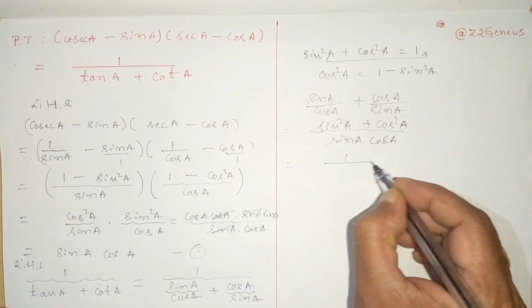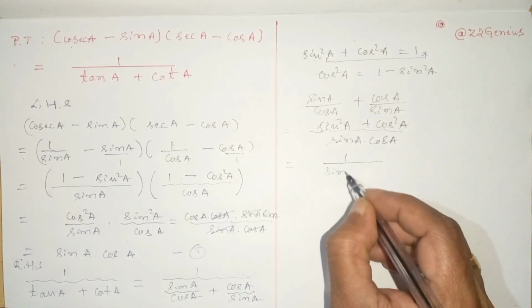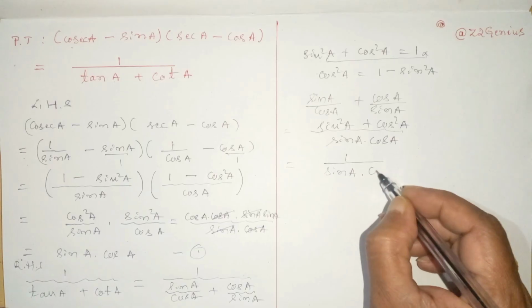So I want to write that as 1 over sin A into cos A.